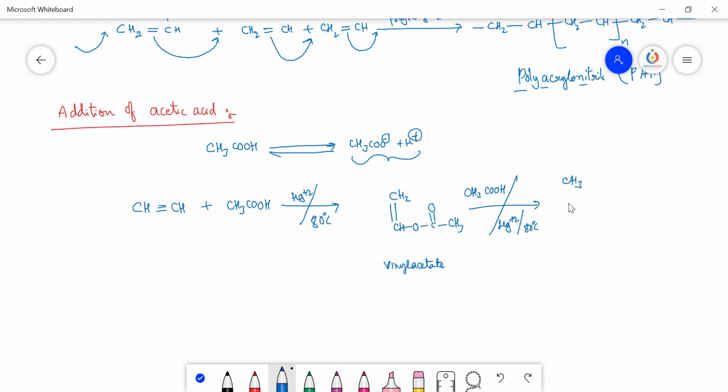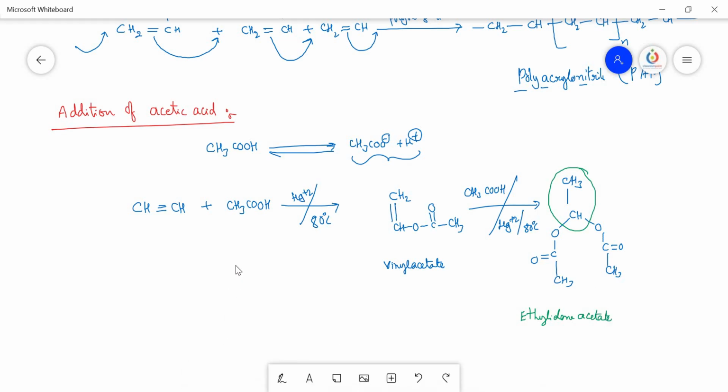So the molecule will be CH3 CH(O-C double bond O-CH3)(O-C double bond O-CH3). I already told you this particular part is called ethylidene, so the name of this molecule is ethylidene acetate.